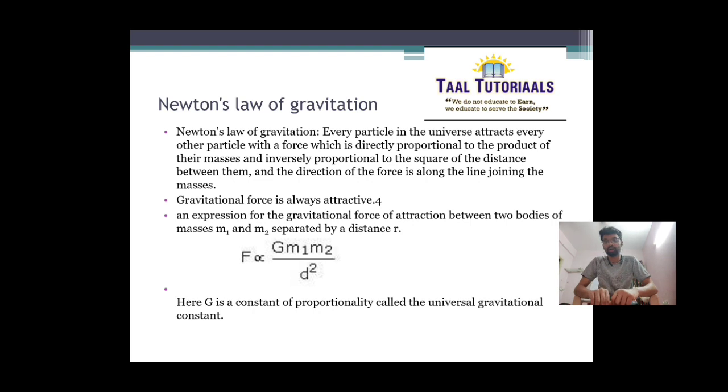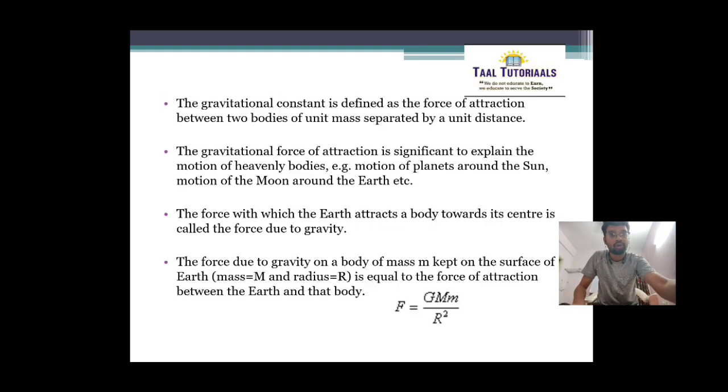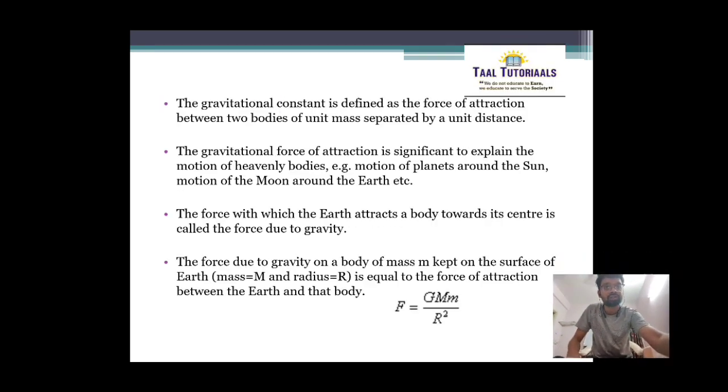I think you got this, class. The gravitational constant is defined as the force of attraction between two bodies of unit mass separated by unit distance. The gravitational force of attraction is significant to explain the movement of heavenly bodies, such as the motion of the planets around the sun, the motion of the moon around the earth, etc.